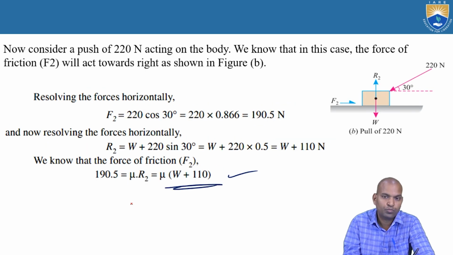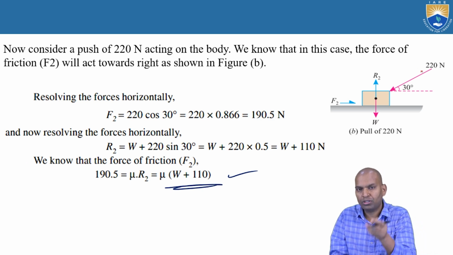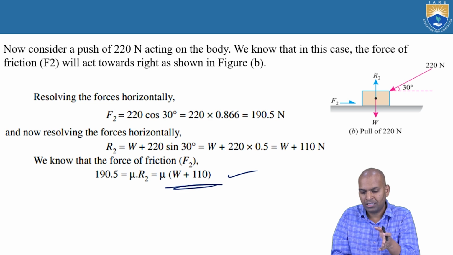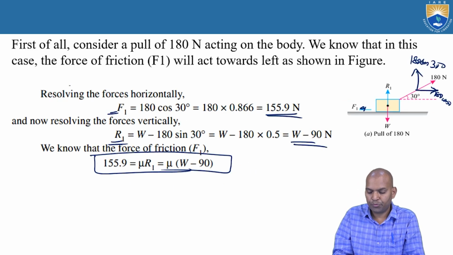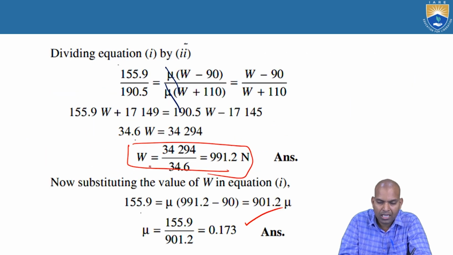When the push or pull are applied like this, the coefficient of friction and the weight remain the same. The weight is 991.2 newtons and mu equals 0.173.